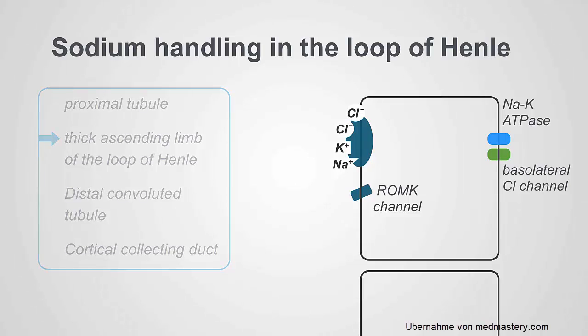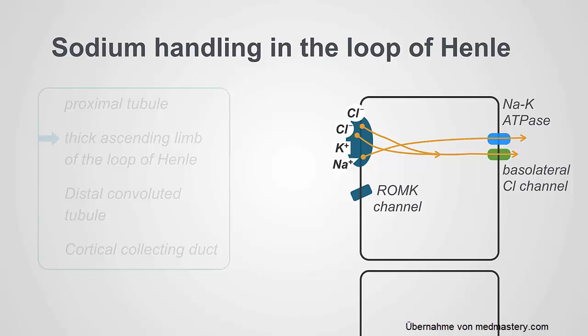In order to understand the loop diuretic, you need to understand how the thick ascending limb of the loop of Henle works. The principal molecule here is the sodium-potassium 2-chloride cotransporter. Here, 2 molecules of chloride, a molecule of sodium, and a molecule of potassium all bind this and are transported into the cell.